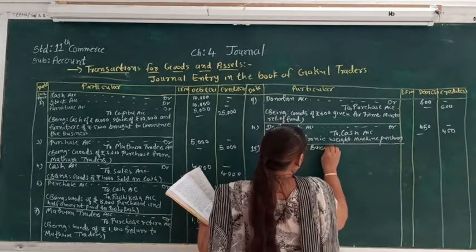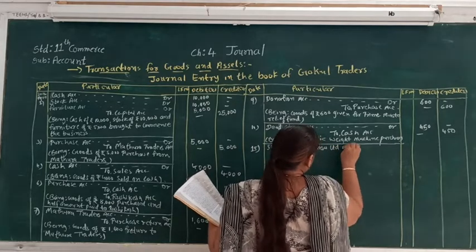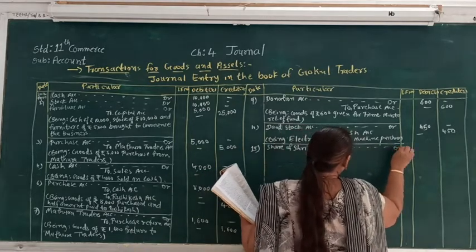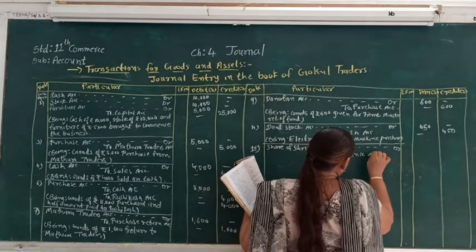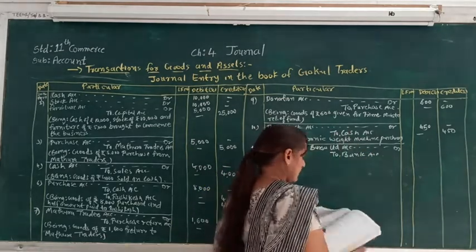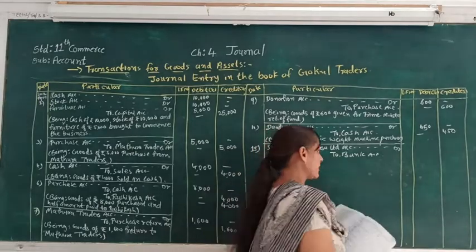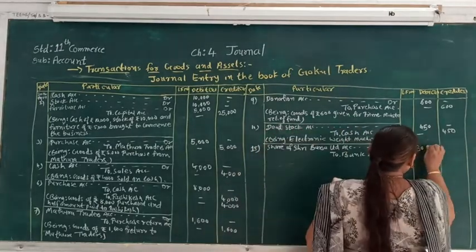Shares of Sri Barsa Limited account debit to bank account, and the amount will be 3060.